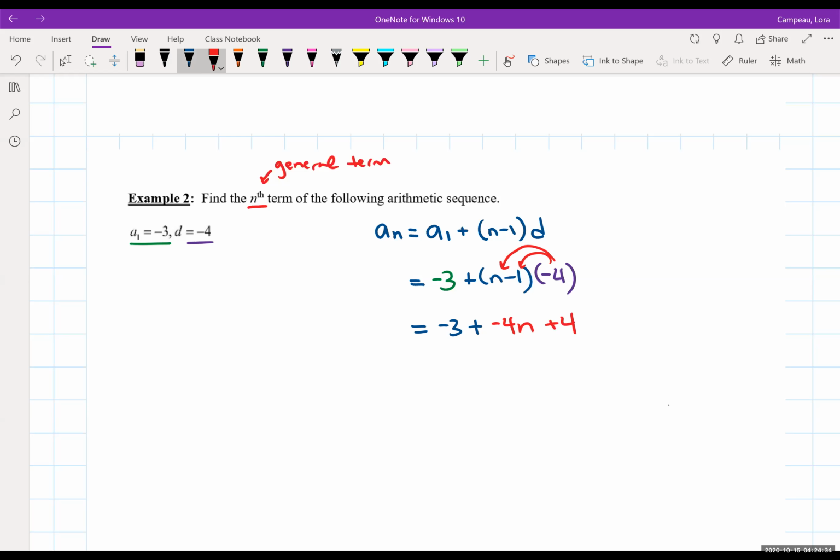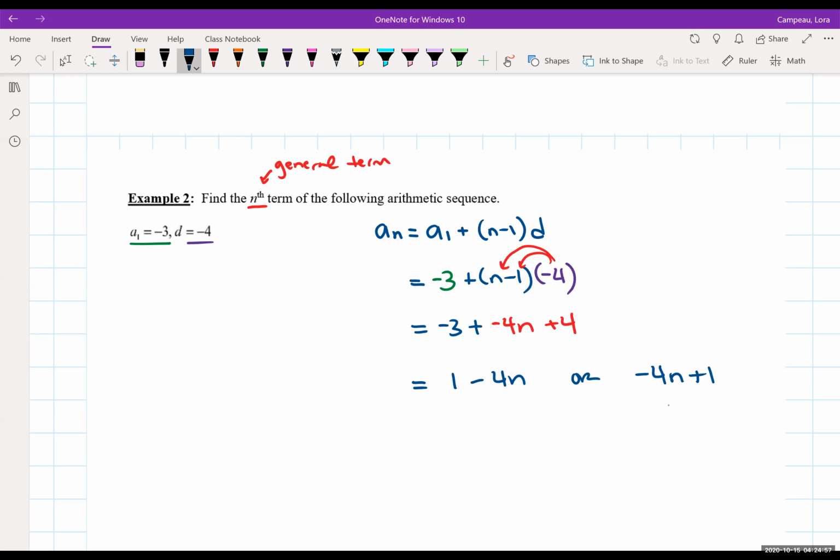So all we do is we combine like terms. So I think we have the -3 and +4. So that will leave us with a 1. And then -4n, 1 minus 4n. Or if you like to write them in descending order, we have -4n plus 1.